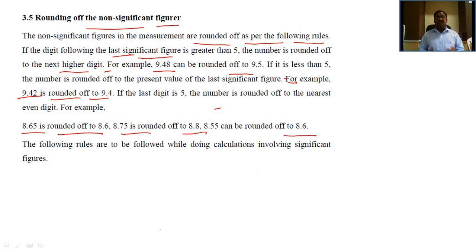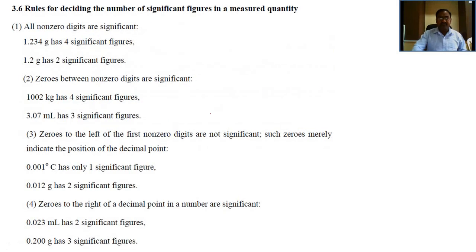The following rules are to be followed while doing calculations involving significant figures. What are the rules here? All non-zero digits are significant. For example, 1.234 has 4 significant figures and 1.2 has 2 significant figures.